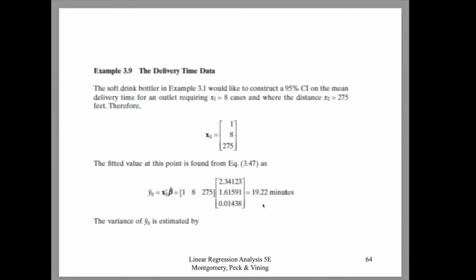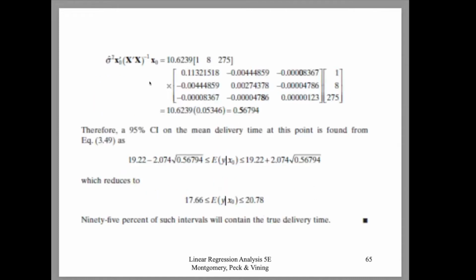Now, to get the lower and upper endpoints of this confidence interval, we need to calculate the estimated standard error of this point estimator. And so to do that, again, we multiply the MSE, sigma hat squared, times this quadratic form. All right, so the MSE was 10.6239.